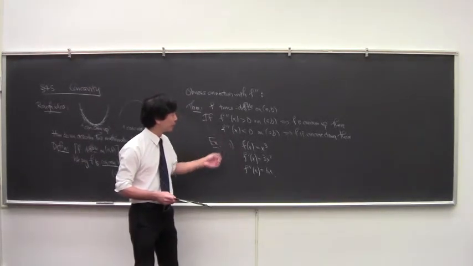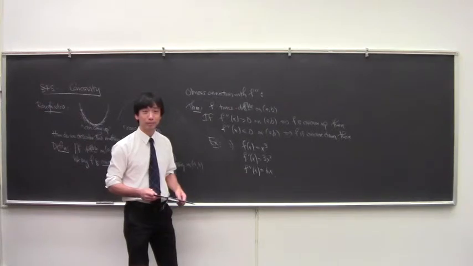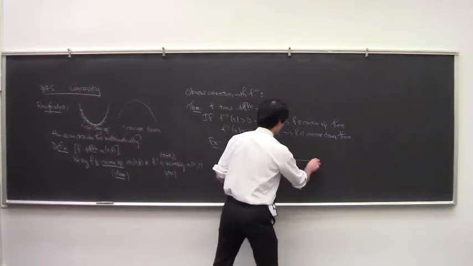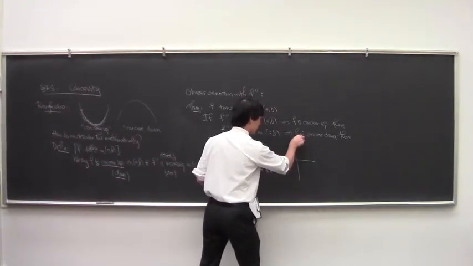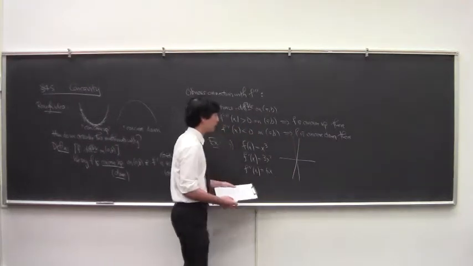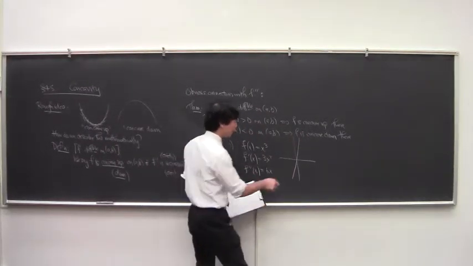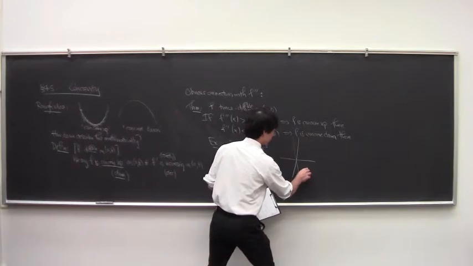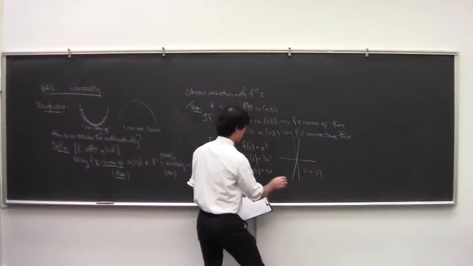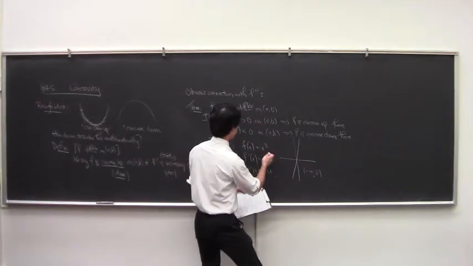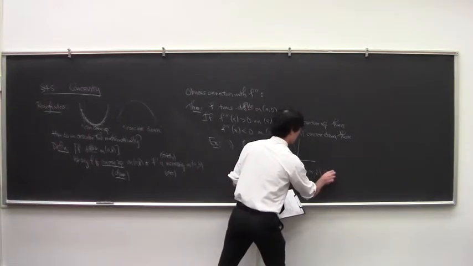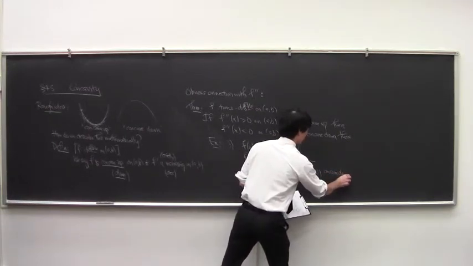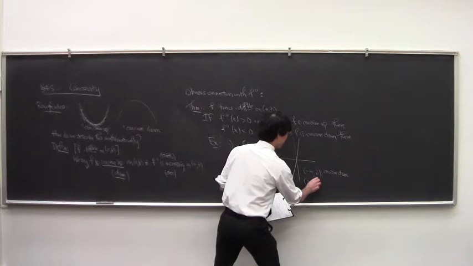Where is it concave up and where is it concave down? f double prime is 6x, so it's something like this. Between negative infinity and 0, you're going to be concave down, and between 0 and infinity, you're concave up.